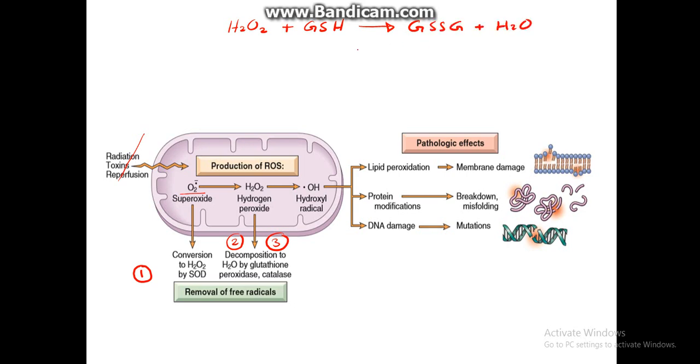The catalase that is within the peroxisomes works in probably the same way as the glutathione. Now, the most damaging of all the free radicals is the hydroxyl free radical. And when we form hydroxyl, or when we have a defect of the clearance of superoxide or hydrogen peroxide and so on, there would be cell injury.